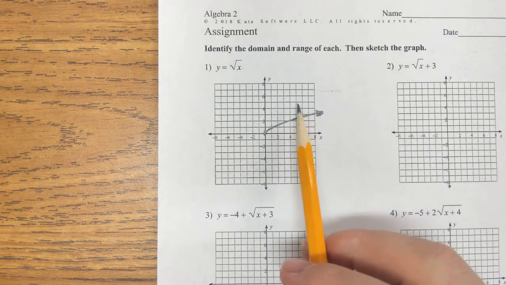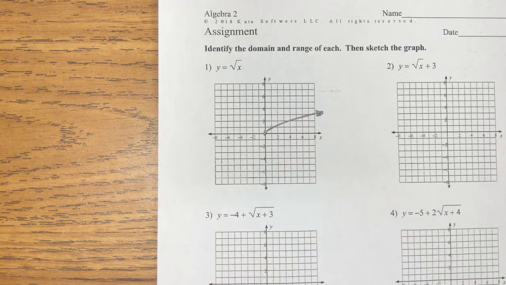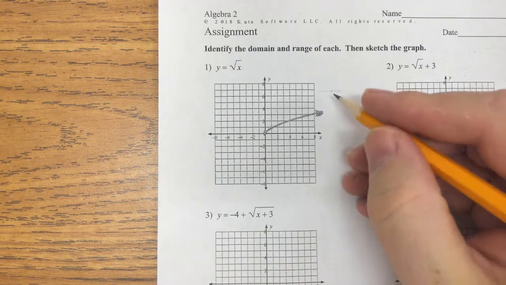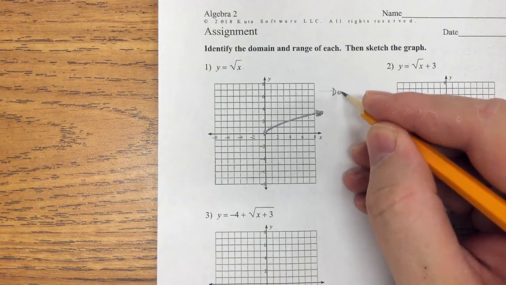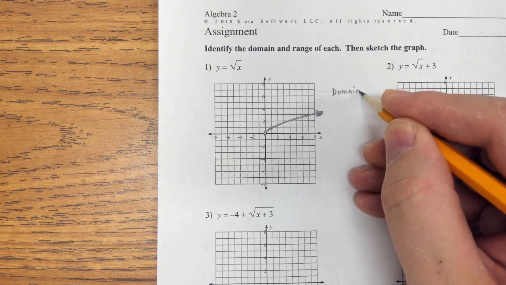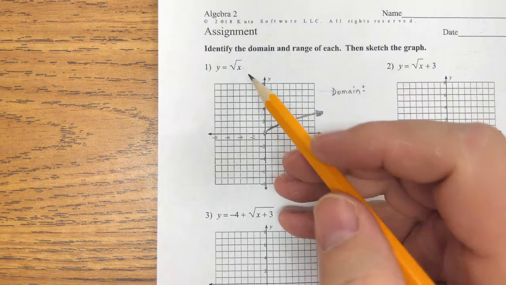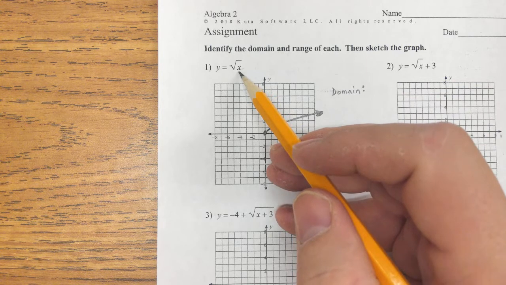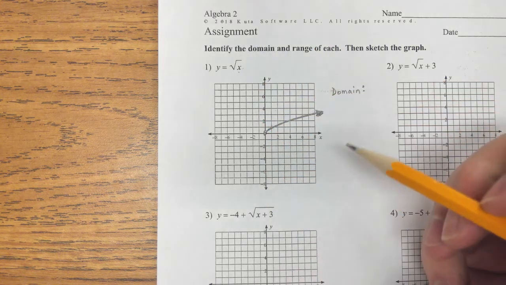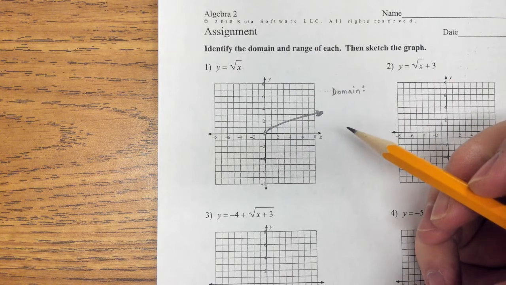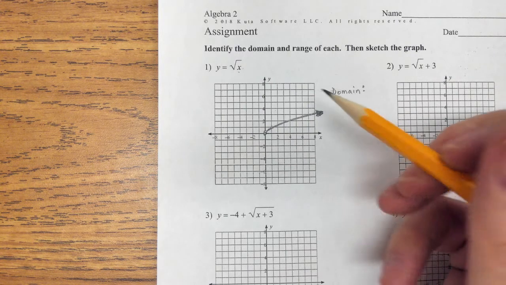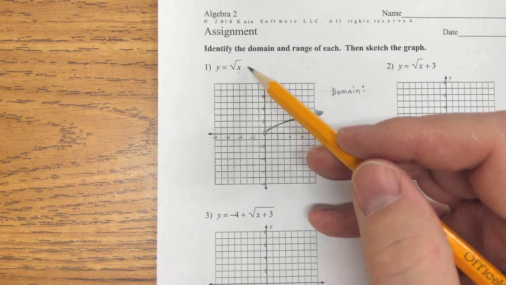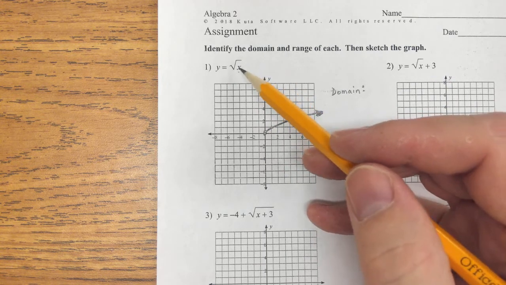The other thing that we need to talk about with the graphs of these functions is domain and range. Remember that the domain are the numbers that I'm plugging into my equation or into my function that is going to give me an answer of some sort. For the square roots, I can't have any negative answers under here.